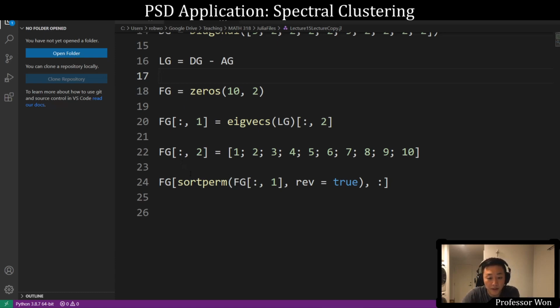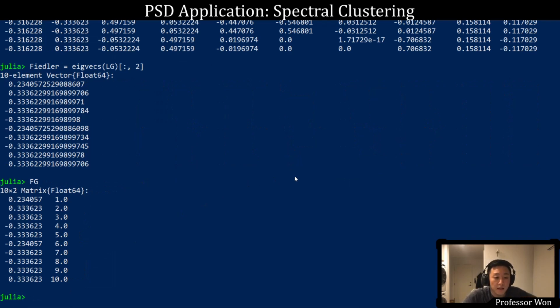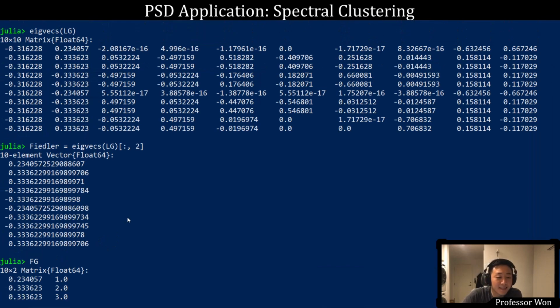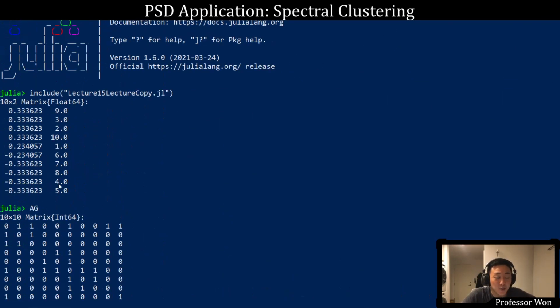Let me show you what I've done by going back to this command window and typing in FG. This is the non-sorted Fiedler vector. And this output of Julia at the very beginning is the sorted Fiedler vector.